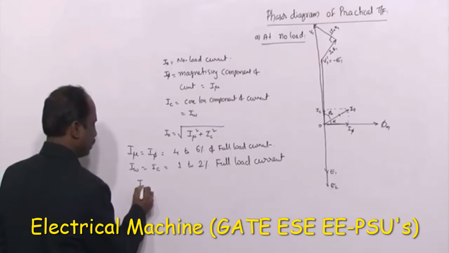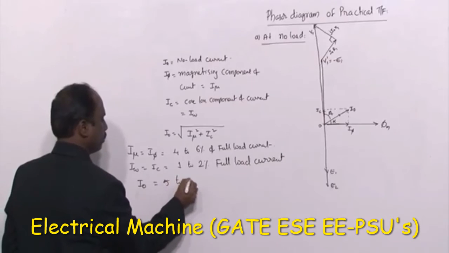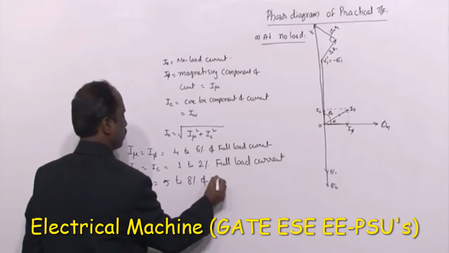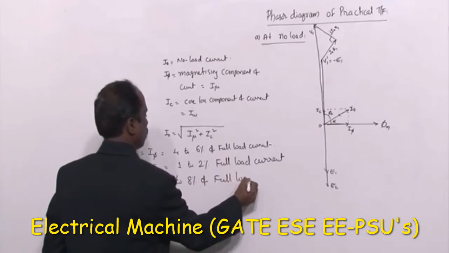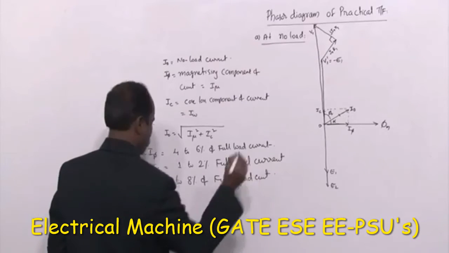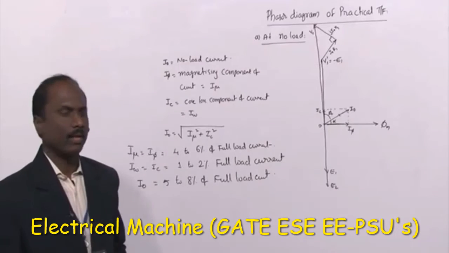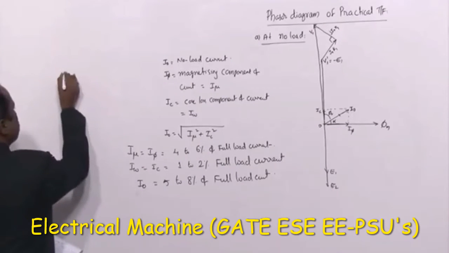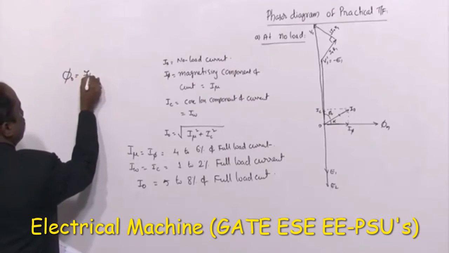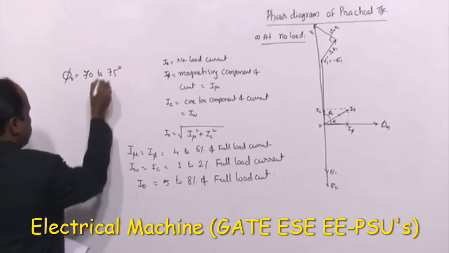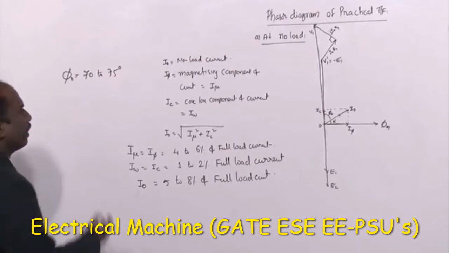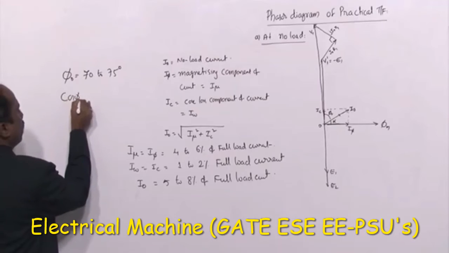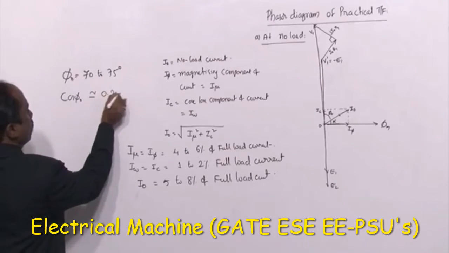Whatever that no load current is, that is 5 to 8% of full load current. The no load phase angle phi naught is around 70 to 75 degrees.